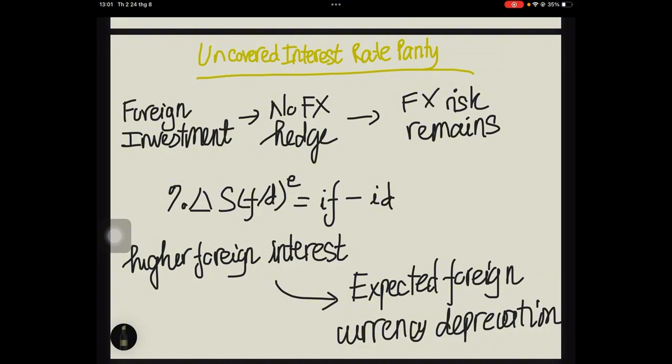So the expected return becomes much closer to the domestic alternative. The approximate UIP relationship is: expected percentage change in exchange rate equals foreign interest rate minus domestic interest rate. The core message is the currency with the higher interest rate is expected to depreciate.